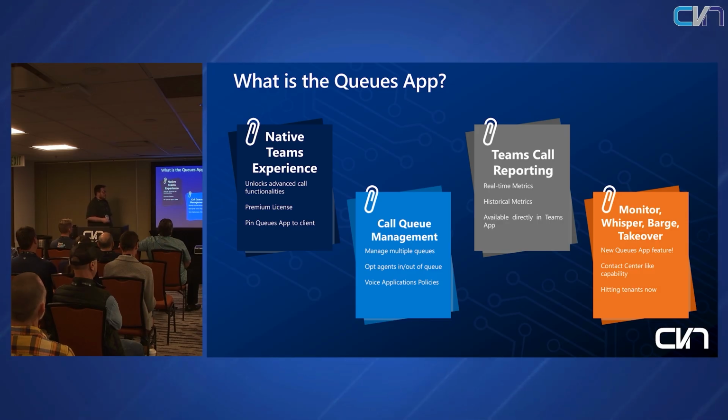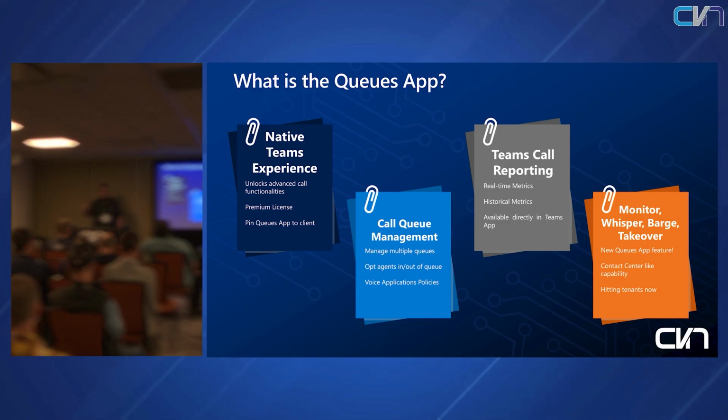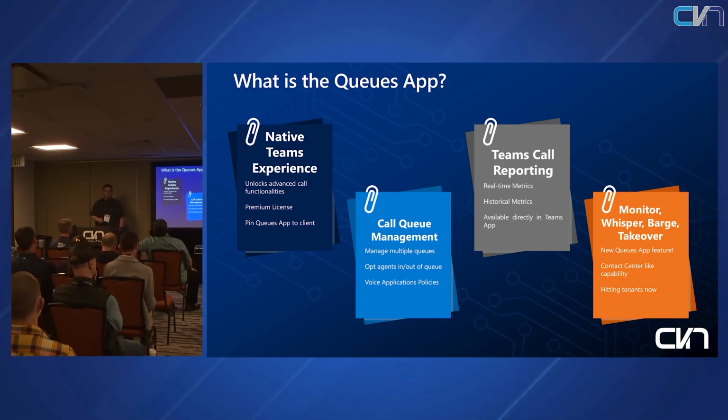But it's effectively something that will be inside the Teams client, natively built by Microsoft. And it's going to unlock some extra functionalities that you may not have and may need within Teams Phone.